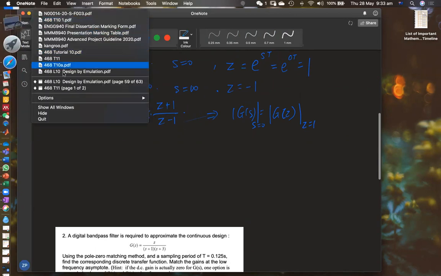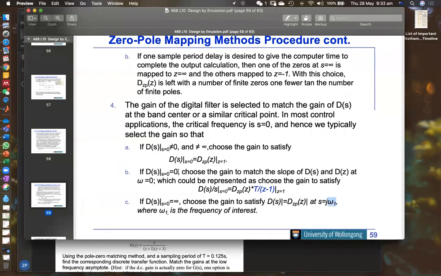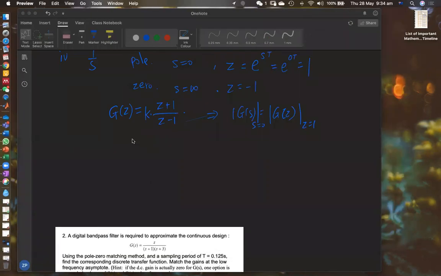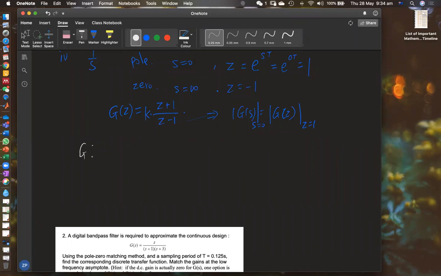So you identify this is when we have ds equal to infinity, because when we look at this, G(s) equal to 1 over s. When s equal to 0, this goes to infinity. So it's case 3.